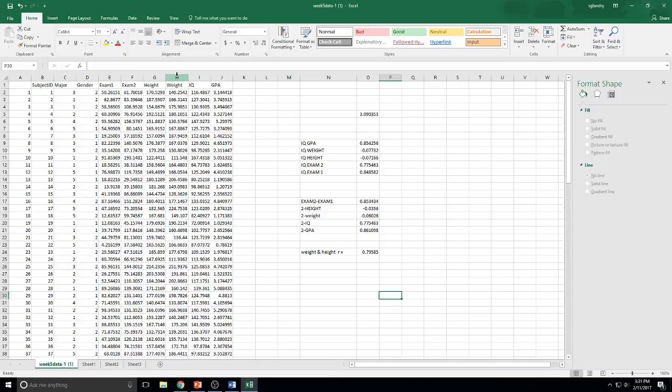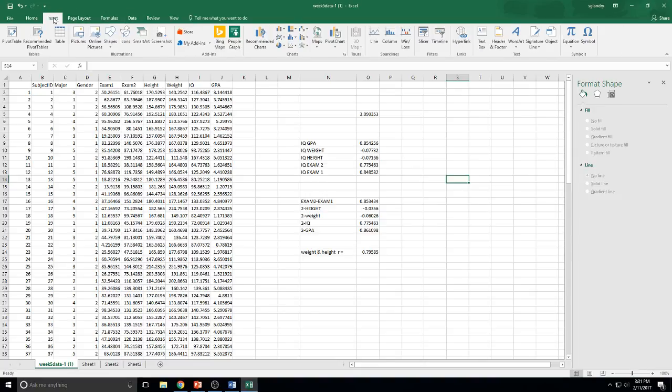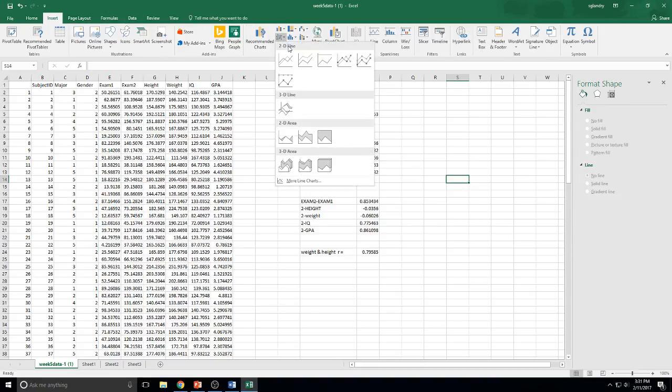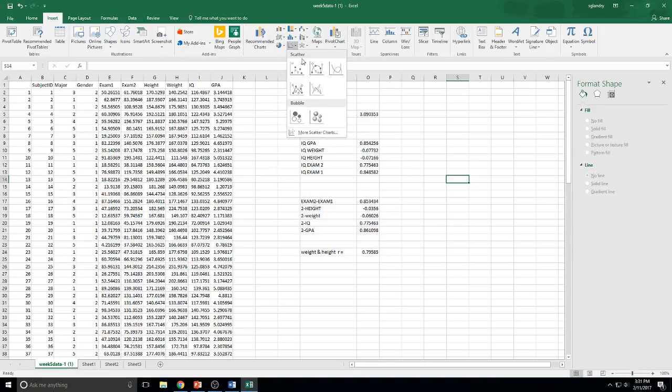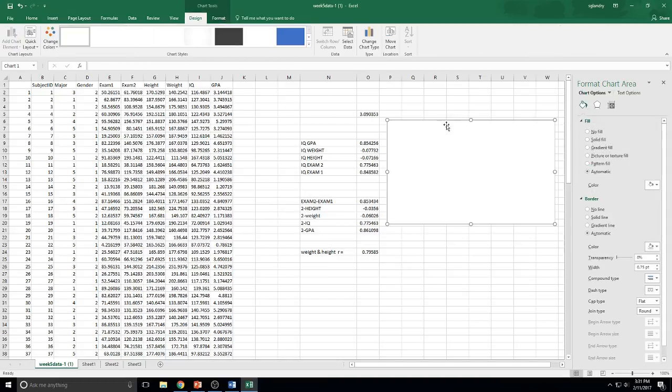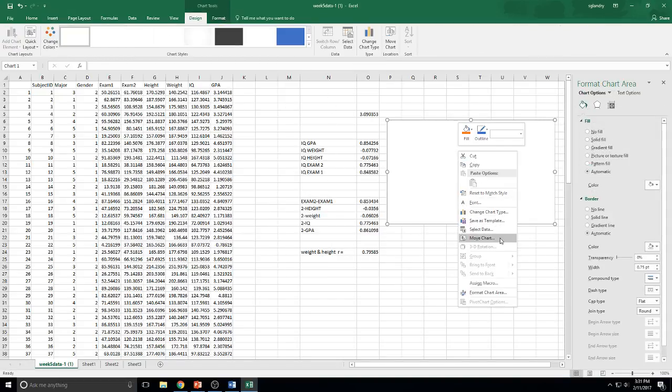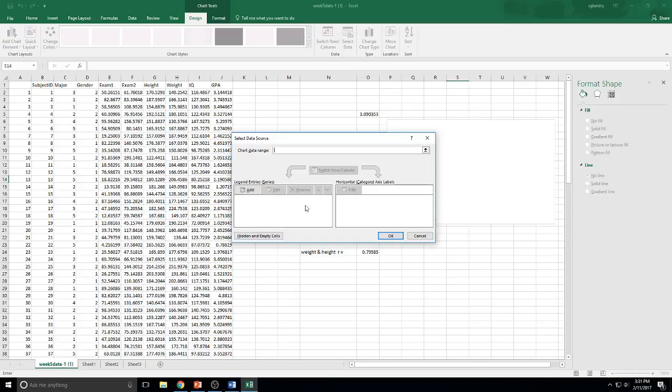And we can plot that too. Let's see how we can do this. I'm going to insert a scatter plot. Where can I select my data?